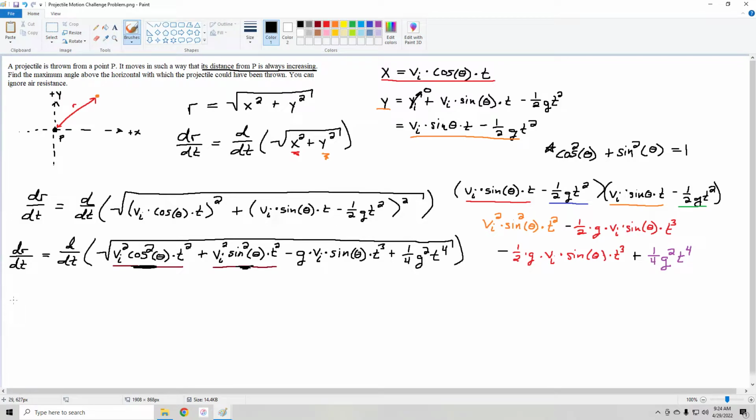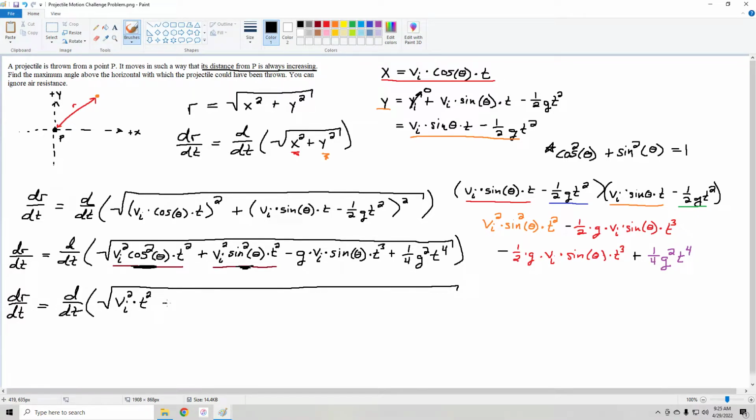What would that look like? Well, the derivative of the distance from point P to the projectile with respect to time is equal to the derivative with respect to time of the square root of v initial squared times time squared, right? We got rid of the cosine squared and the sine squared by adding them together, and we said that was 1. And we factored out v initial squared and t squared, so that's where this ends up from.